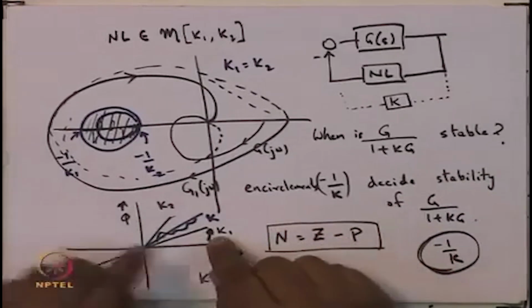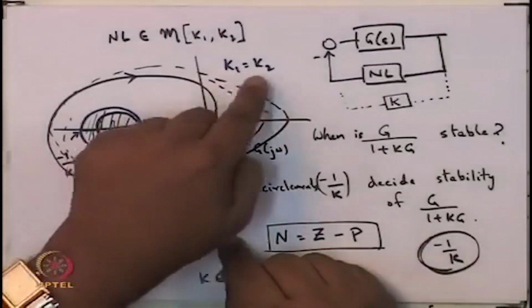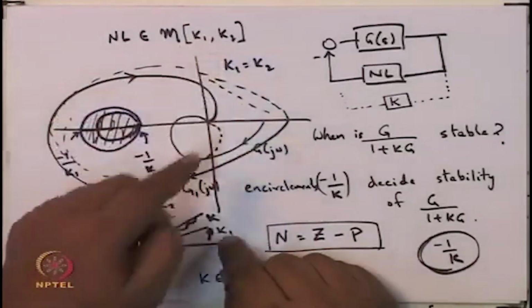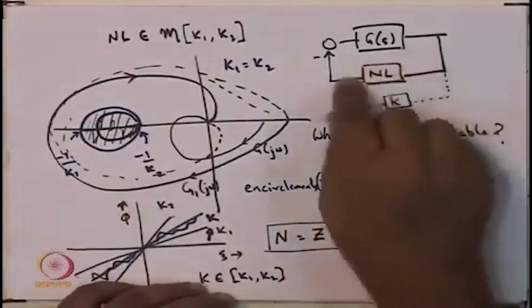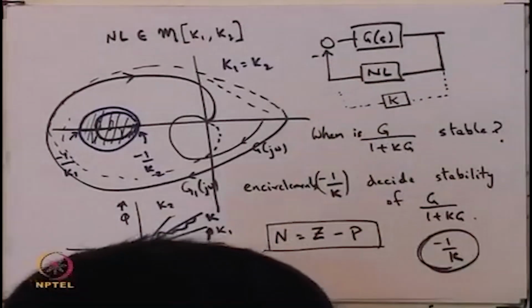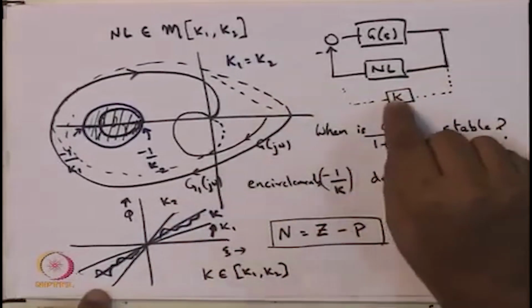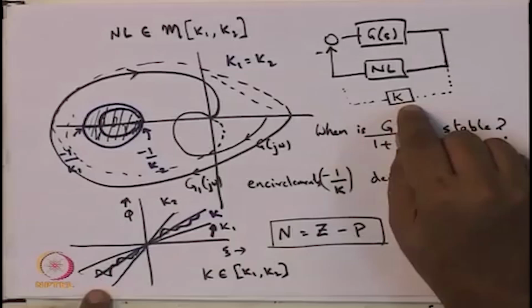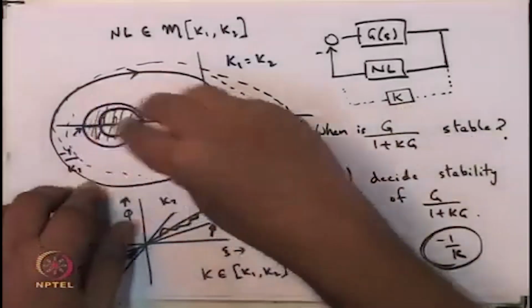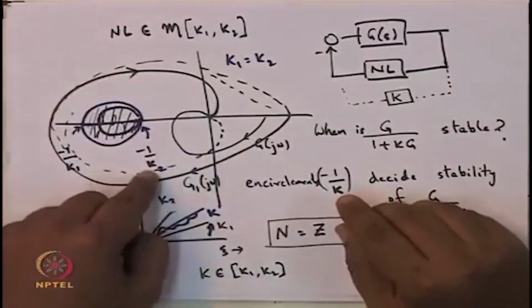Now if this interval is shrunk from k1 k2 to k2 k2, that means k1 has become k2, so there cannot be a nonlinearity. The only feedback that you have is the linear feedback with the gain being k2. What that would have meant is that this circle has shrunk down to this one point, minus 1 by k2.